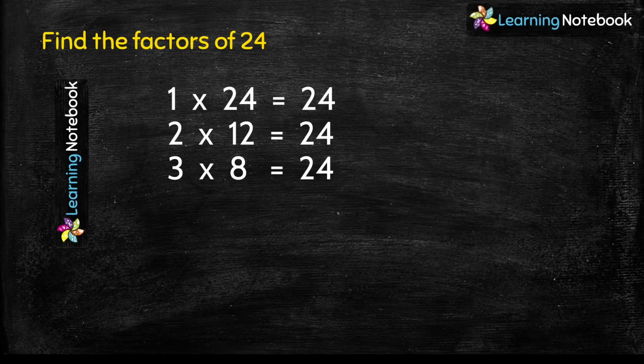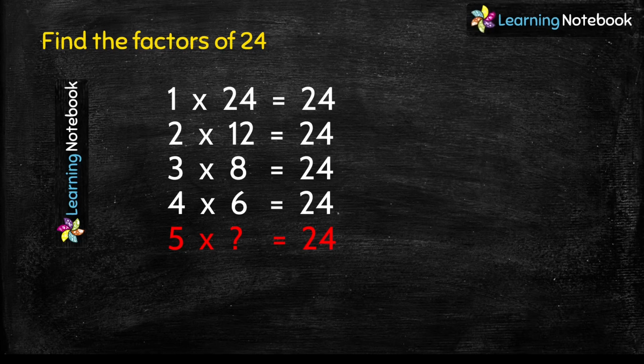Similarly, in the table of 4, 4 into 6 equals 24. Now students, 24 does not come in the table of 5. Or we can say 24 is not divisible by 5. And in the table of 6, 6 into 4 equals 24.